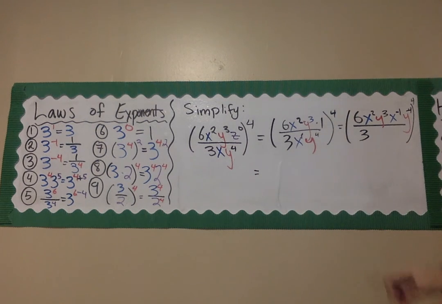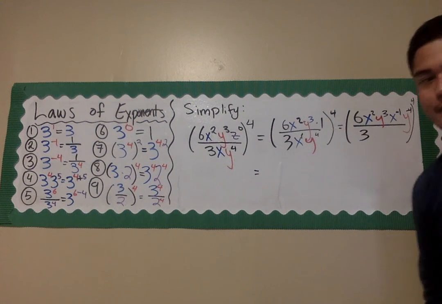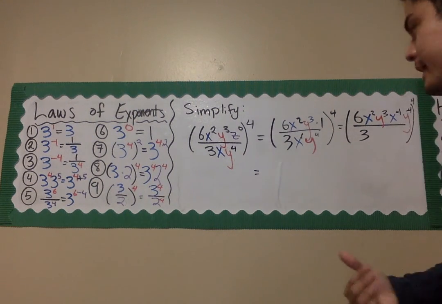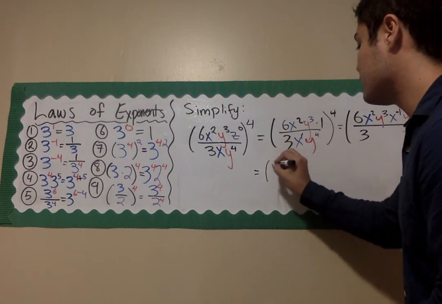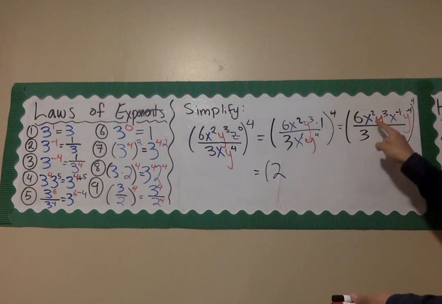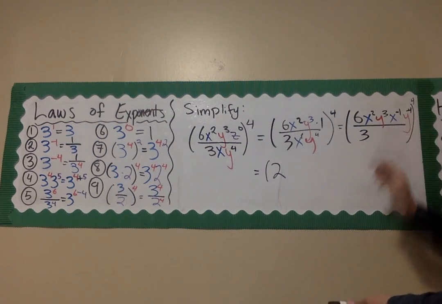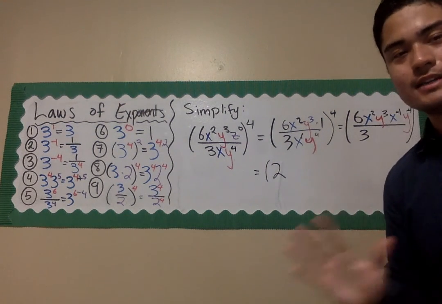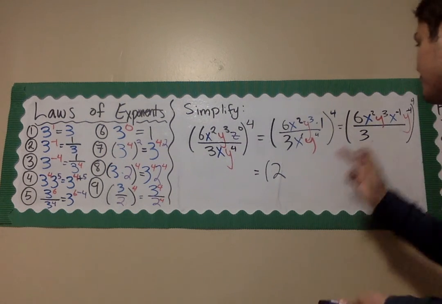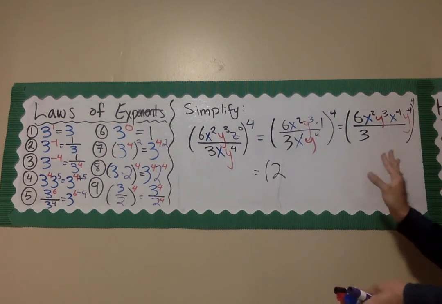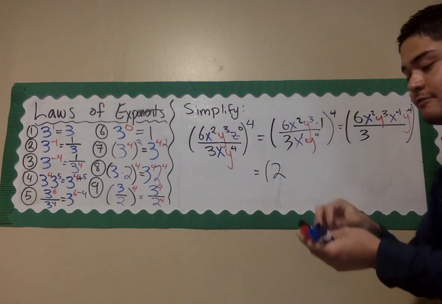All right, let's keep going. 6 over 3, 6 divided by 3 equals 2. And we have a bunch of x's and y's. To organize our information a little bit more clearly, I'm going to put all the x's together and all the y's together, because in multiplication we can rearrange stuff.